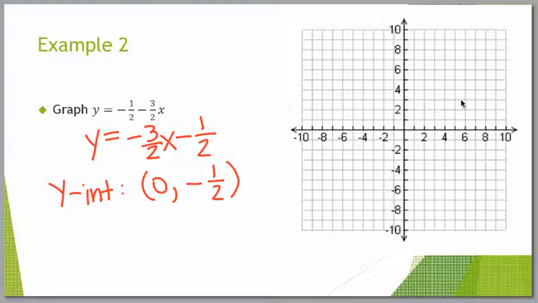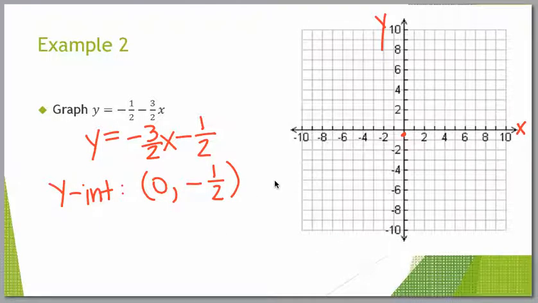And so let's go ahead and graph that. Label our axes. Start at x equals 0. And then we go down to where y is -1/2, so it's right in between these two units. There we go.